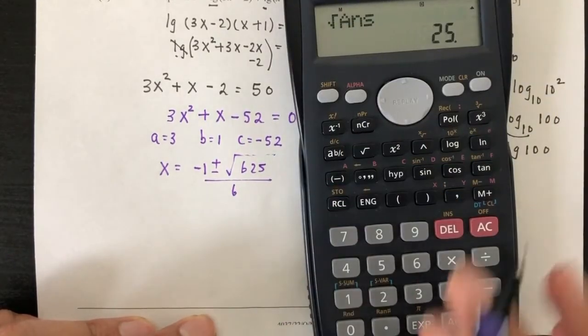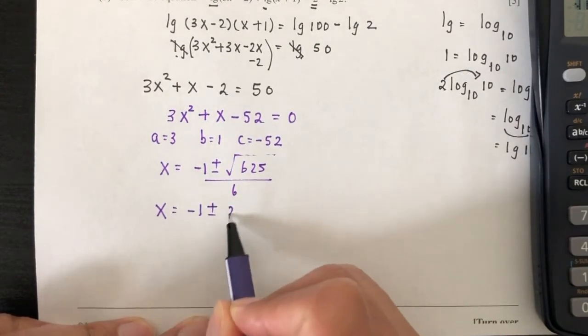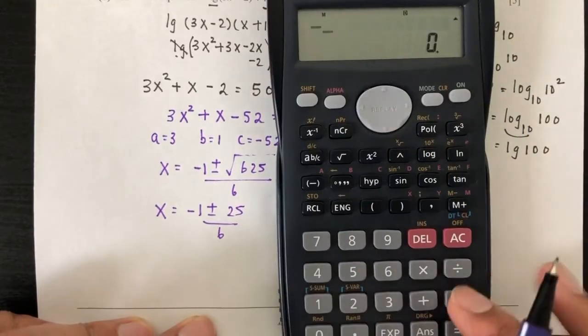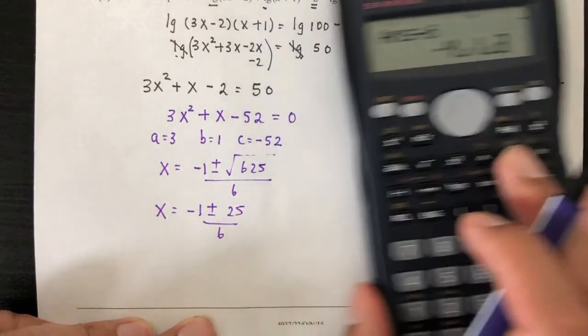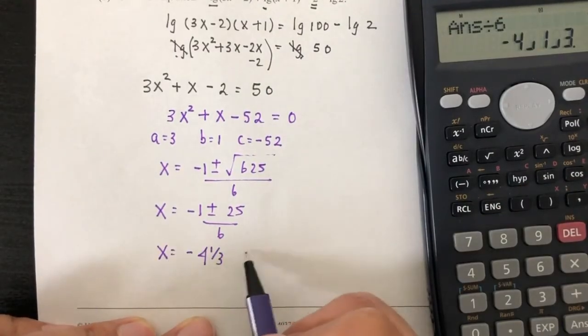So root of that should be 25. So x is equal to minus 1 plus minus 25 divided by 6. So your first value is minus 1 minus 25 divided by 6. That should be x is equal to minus 4 1/3.